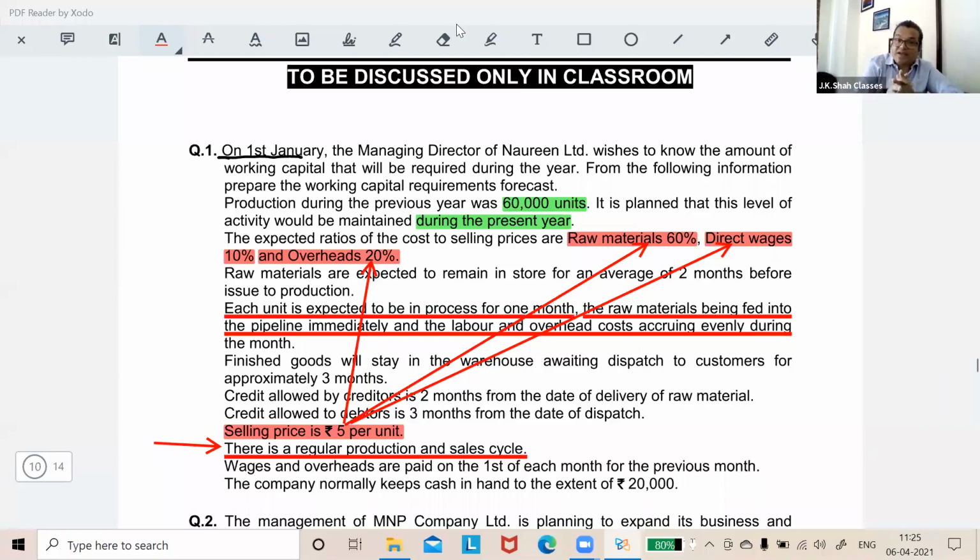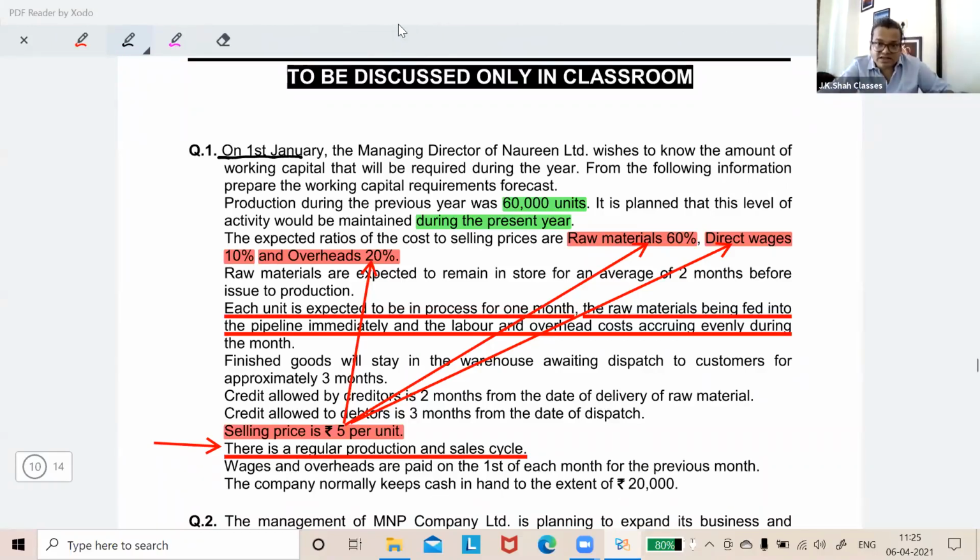And if nothing is specified about labor and overhead, 50-50. But see what is written. Labor and overhead accrue evenly during the month. So that goes with our standard assumption, right? That raw material will be 100% in WIP and labor and overhead will be accruing evenly. That means 50-50.